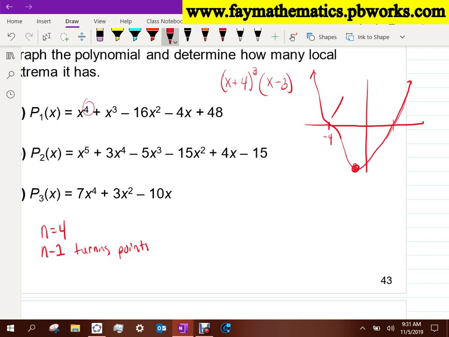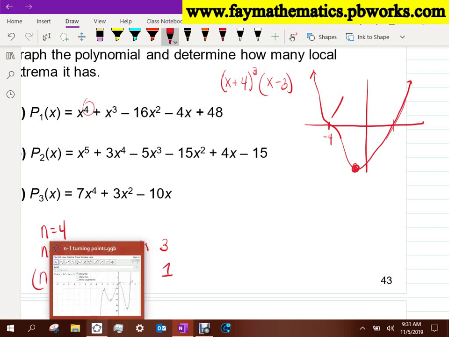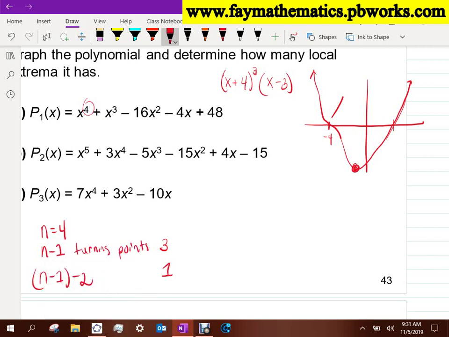Yes. Okay. So I was allowed to have 3 or 1. If I think about that, what that means is I could have something like that. N minus 1 minus 2. N minus 1 will give me a 3, right? Remove 2 from that, and I could have 1.